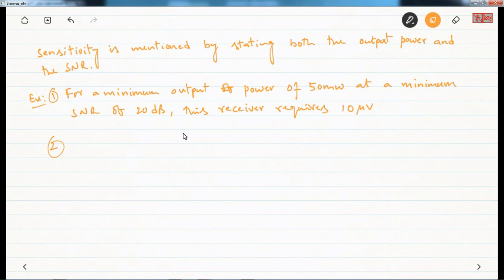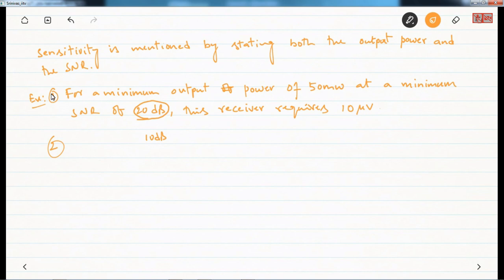There may be another receiver which says, for a minimum output power of 50 milliwatt at a minimum SNR of 10 dB, this receiver requires 10 microvolts.